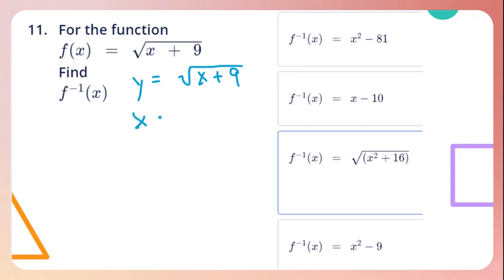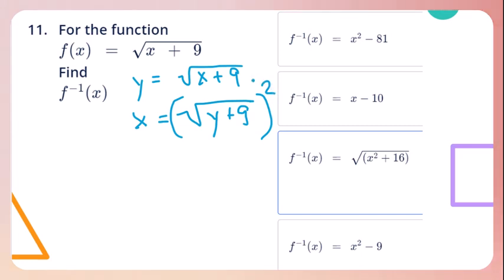So we'll have x equals the square root of y plus 9. And then we're going to solve for y. So we want to undo the operations around y. We have to consider this as parentheses, and we have to undo that.